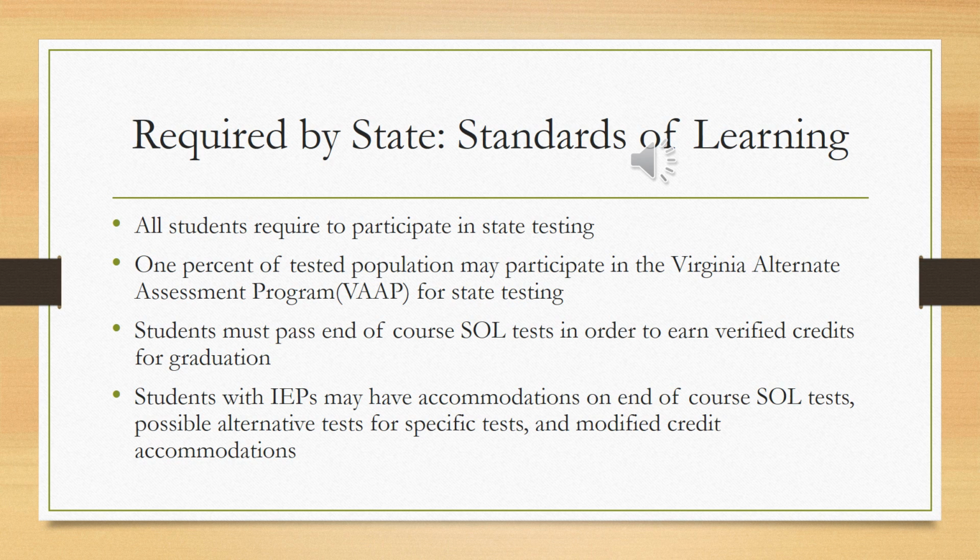Students with IEPs may have accommodations on their end-of-course SOL test, and there are alternative tests for specific tests. Also, students may be eligible for modified credit accommodations, which means that they may be able to get a verified credit for a score that is somewhat lower than the required pass score as long as they meet the guidelines or the criteria.